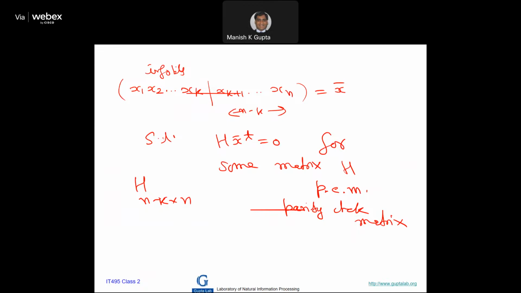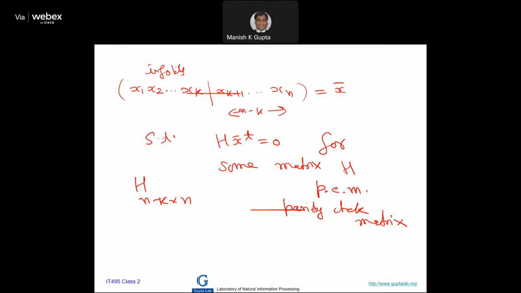So essentially, given k bits, I am adding extra n minus k bits such that this whole vector is a member of the null space of H for some matrix H. Such a matrix is known as a parity check matrix. The question is, how do we find it?